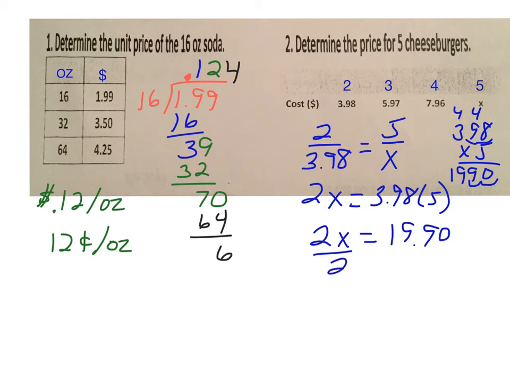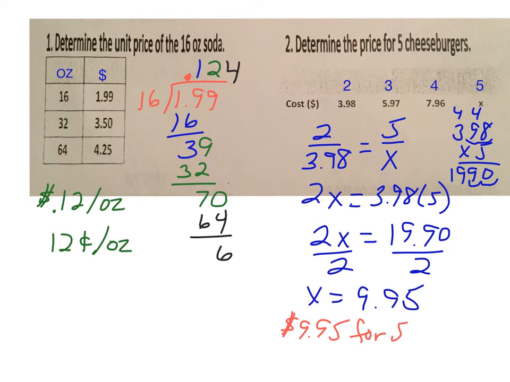Divide by 2, divide by 2. So when you divide, you get x equals, and 2 into 19 is 9 with remainder 1, 9 again, and a 5. So your final answer is $9.95 for 5 cheeseburgers.